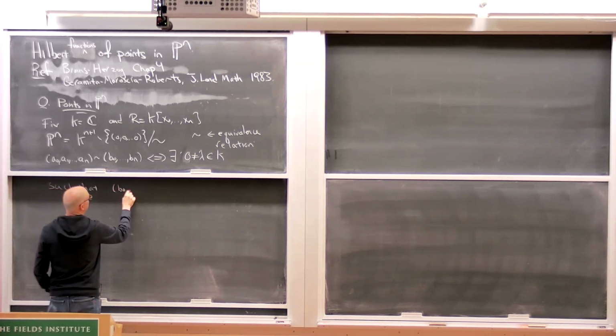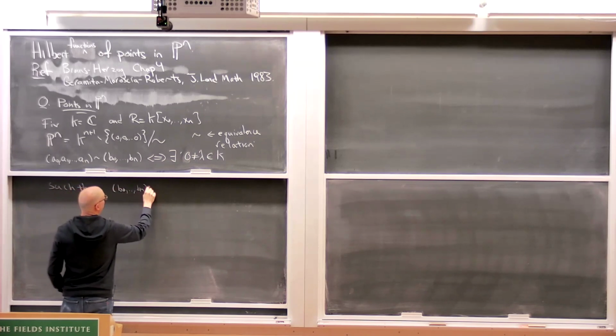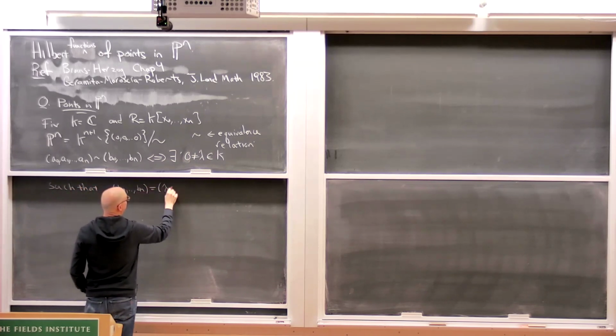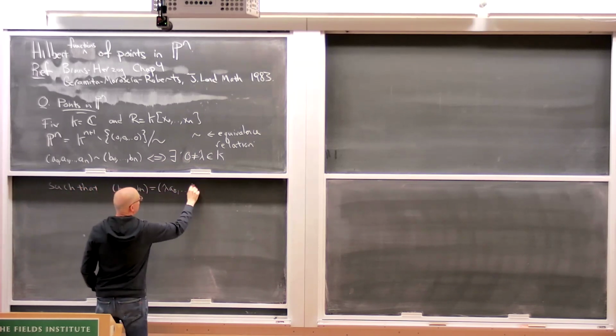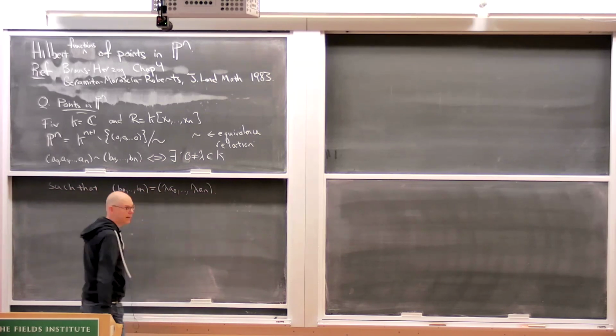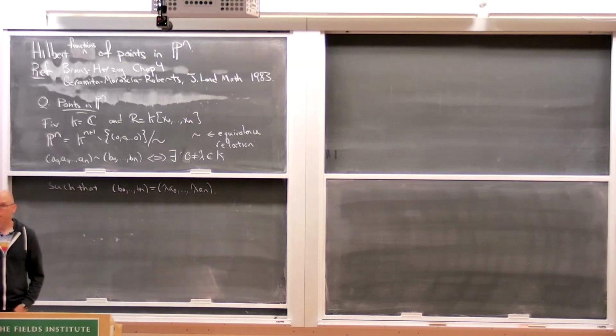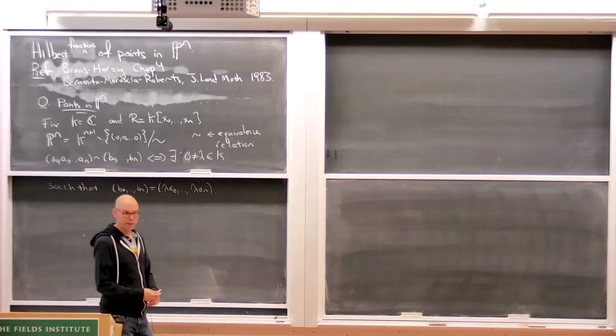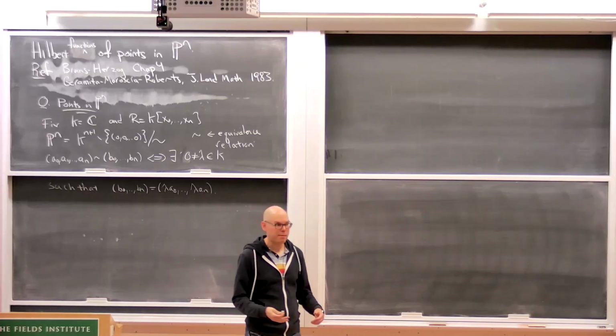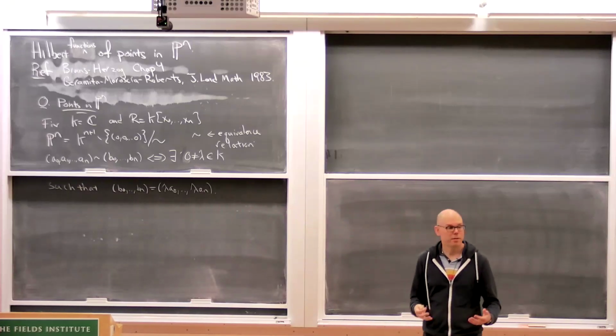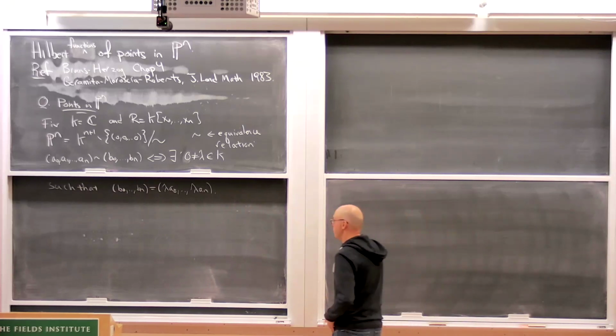So B0 up to Bn is equal to lambda A0 up to lambda An, okay? So this is an equivalence relation, right? And so you have equivalence classes. And so a point is just one of these equivalence classes, okay?